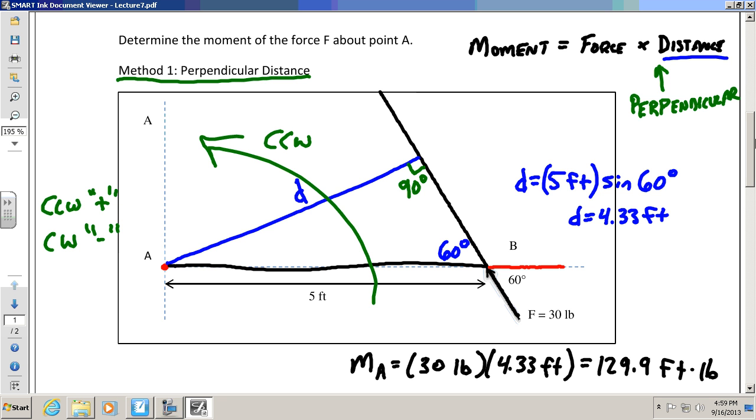If you'd like, and I see a lot of students do this, which is a good thing, instead of just writing 129.9 foot-pounds, you could also write CCW, just to make sure we all know that's counterclockwise, not clockwise. Everybody see that?